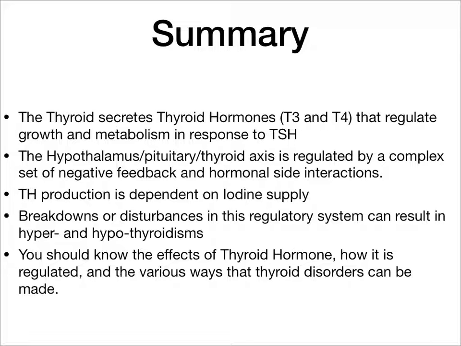The hypothalamus-pituitary-thyroid axis has a cascade of releasing hormone, tropin, and then the thyroid hormone itself, and is controlled by negative feedback as well as environmental and psychological conditions. Thyroid hormone requires iodine to make, and breakdowns and disturbances in the thyroid hormone axis can result in hyper or hypothyroidism.